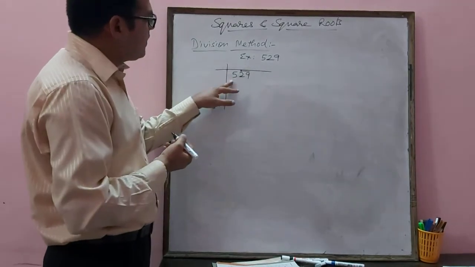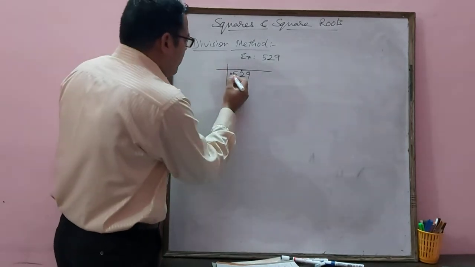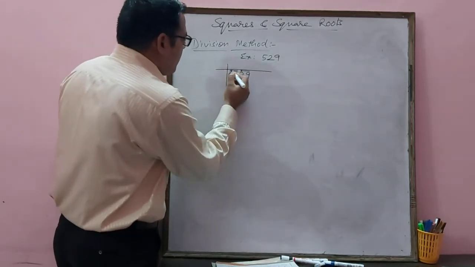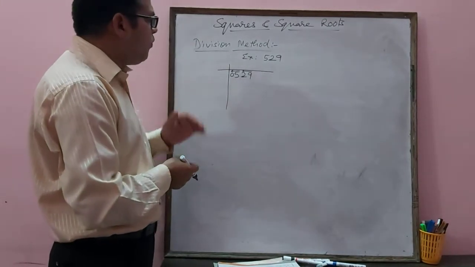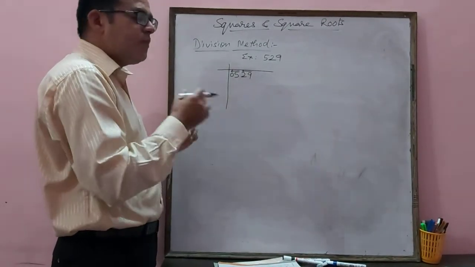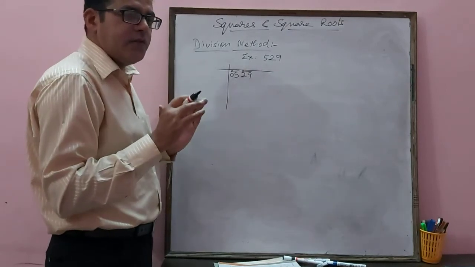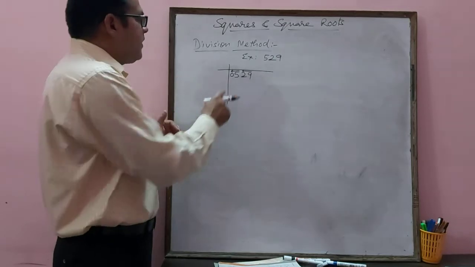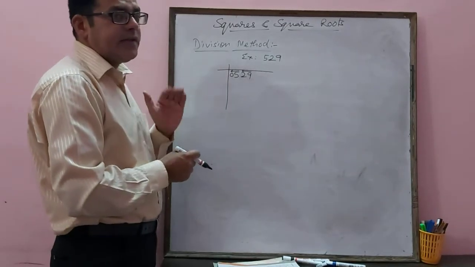Since only a single digit is here, no need to worry, we can put 0 to make a group. If we write 0 just before any number, the meaning of the number doesn't change. So we can write 05 in the first group, and 29 in the second group.